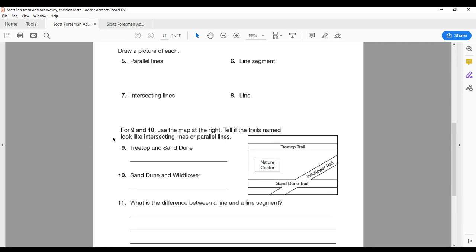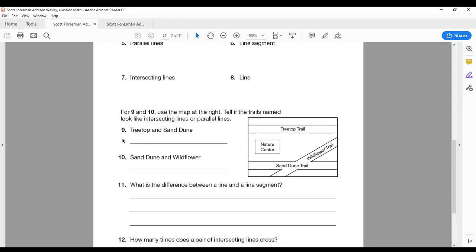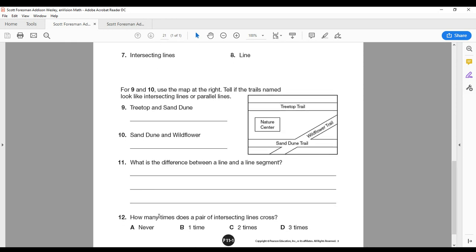For 9 and 10, use the map at the right. Tell if the trails named look like intersecting lines or parallel lines. So before I read the questions, I'm just going to take a look at this map. It says Treetop Trail. Here's a nature center. Here's Sand Dune Trail. And then this road is Wildflower Trail. So number 9, Treetop and Sand Dune.